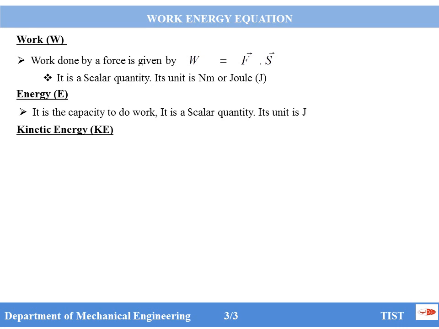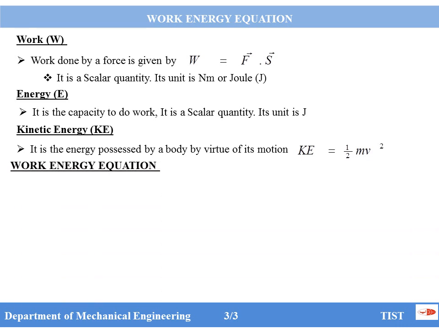Energy has different forms: potential energy, kinetic energy, heat, a lot of forms of energies are there. Kinetic energy is the energy possessed by virtue of its motion, or because of the motion of a body it has kinetic energy. And the general equation of kinetic energy is half mv square. We already know this equation, half mv square, right?